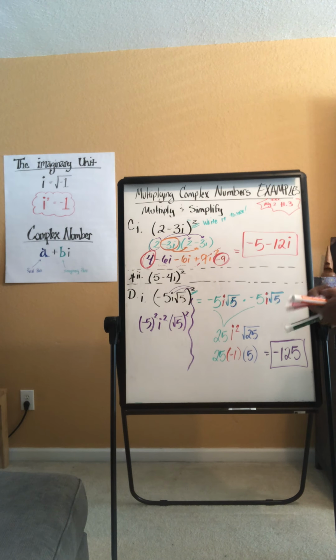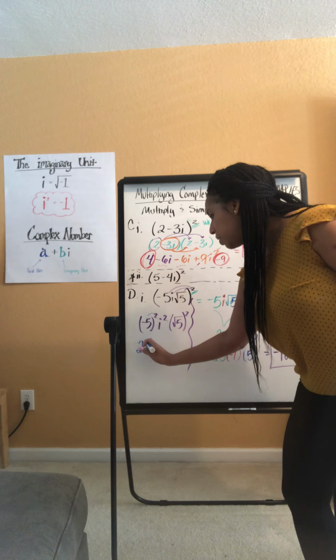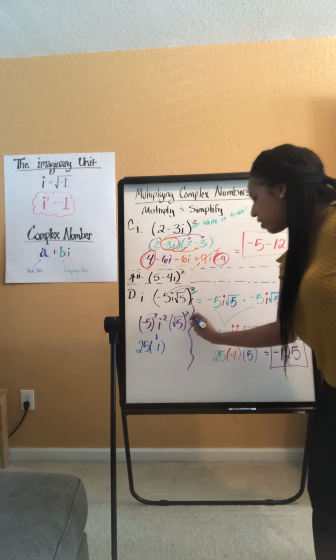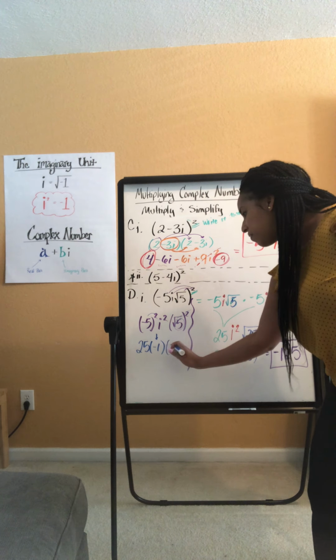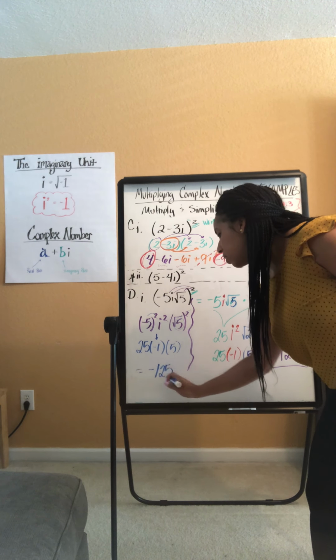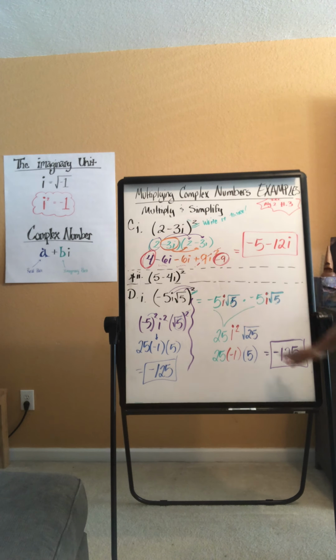The negative 5 squared would become a positive 25. i squared will become a negative 1. And if I square a square root, I would just be left with the inside, which is a 5. And I would end up at the same answer. So whichever way floats your boat, whichever way you comprehend, work it out that way.